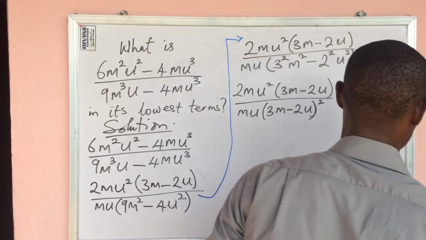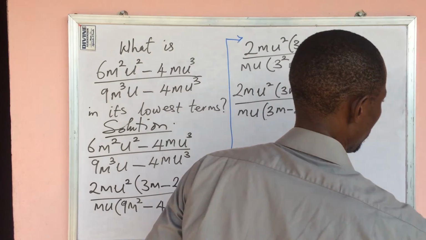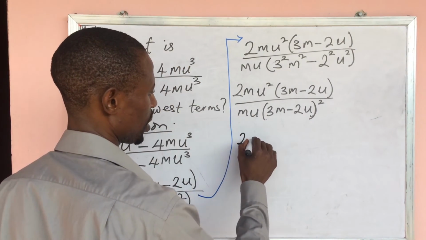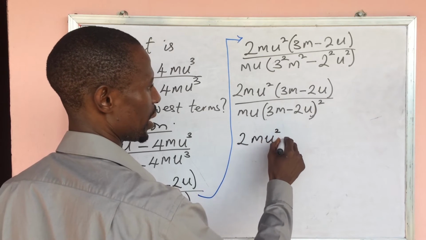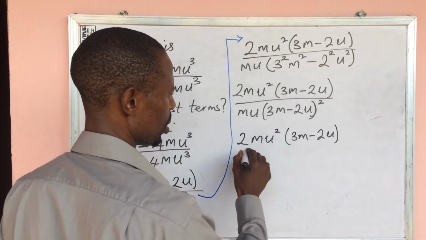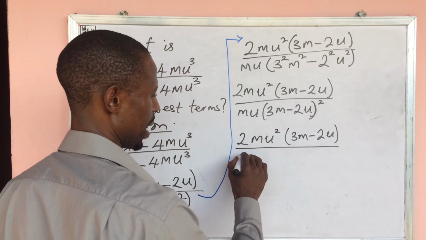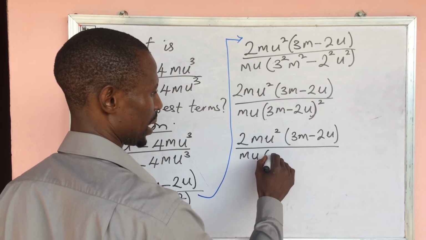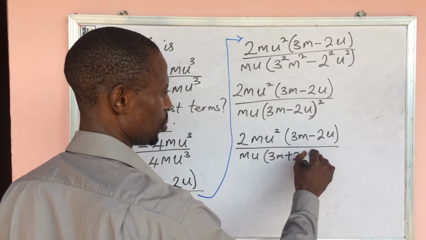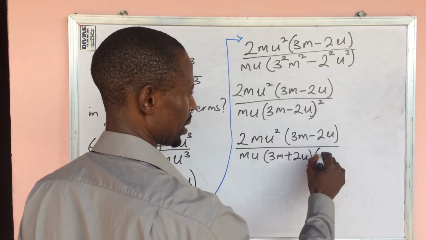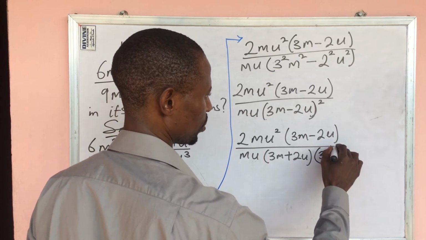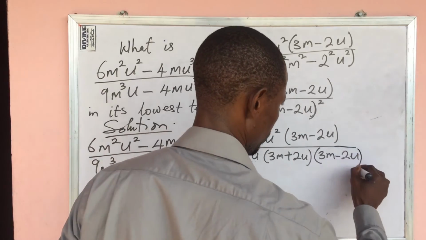All right. So this now gives us 2mu squared bracket 3m minus 2u all over mu bracket 3m plus 2u, close bracket, 3m minus 2u, close bracket.